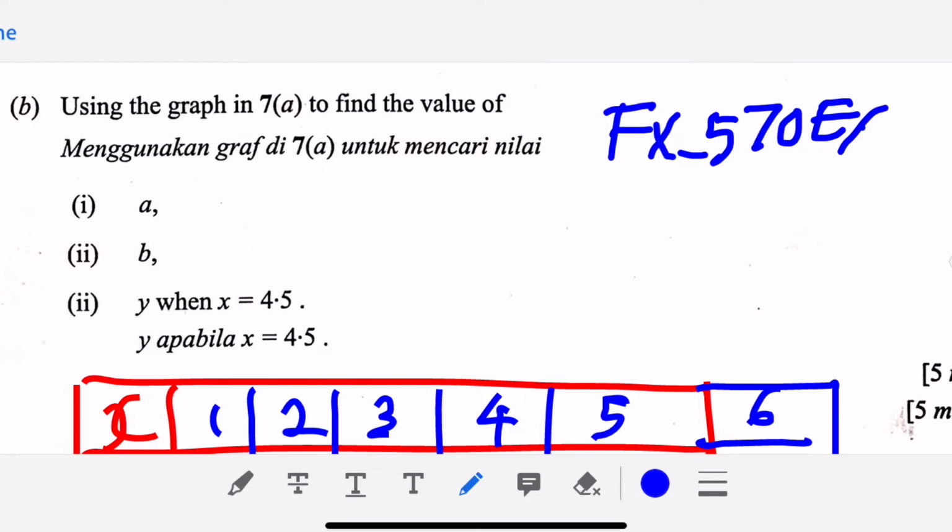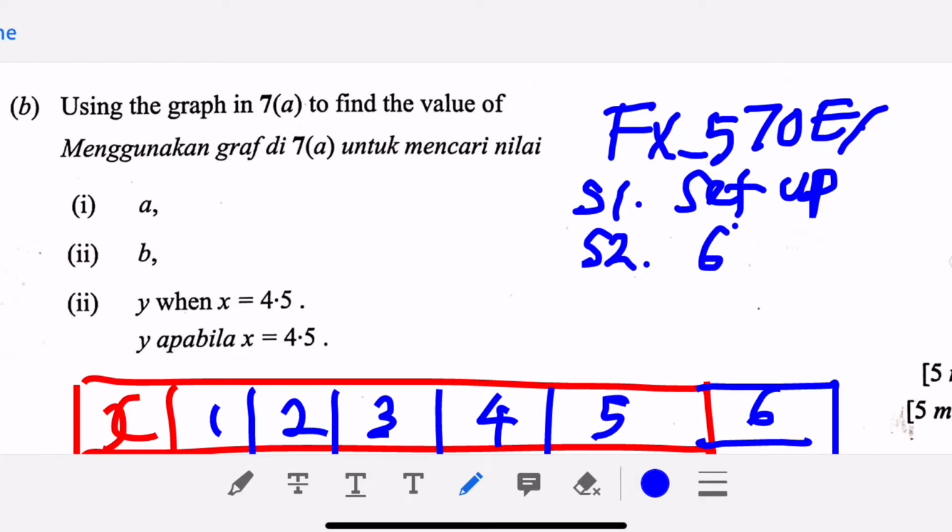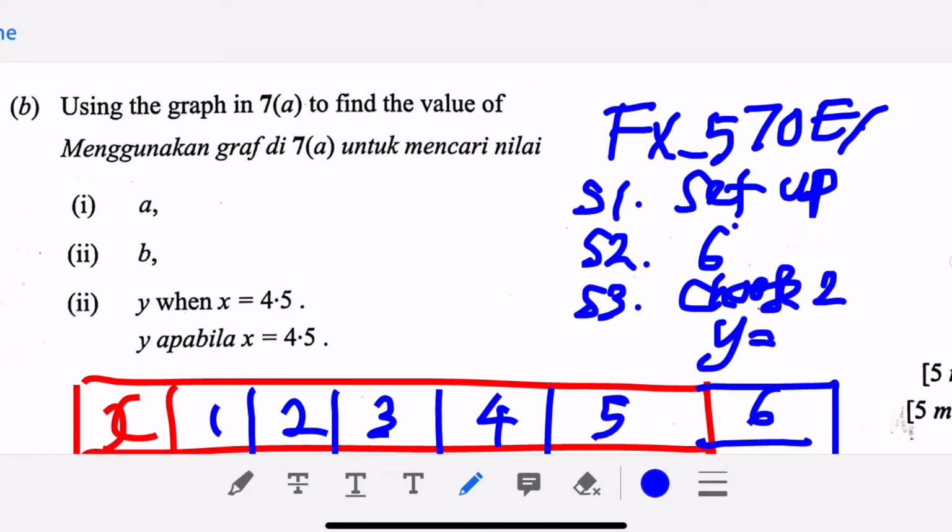You go to setup, and then you go to number 6, step 2, you choose 6 and then number 2. Step 3, you choose option 2, y equal to a plus bx.